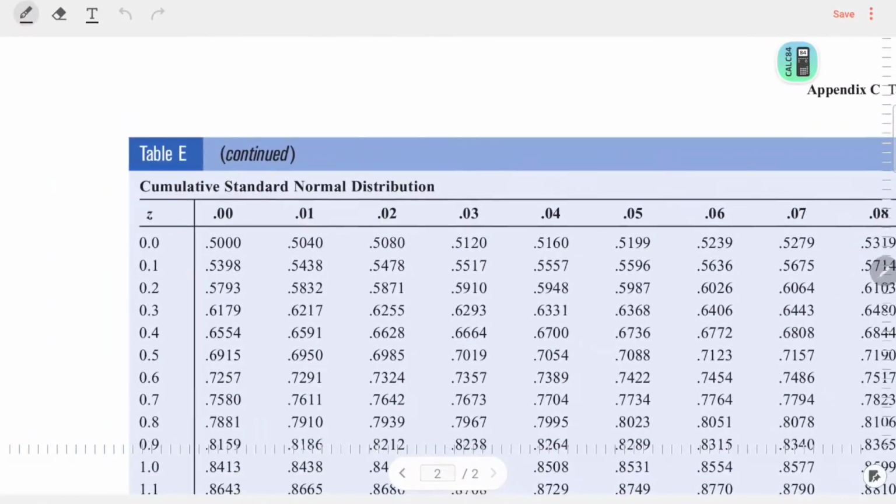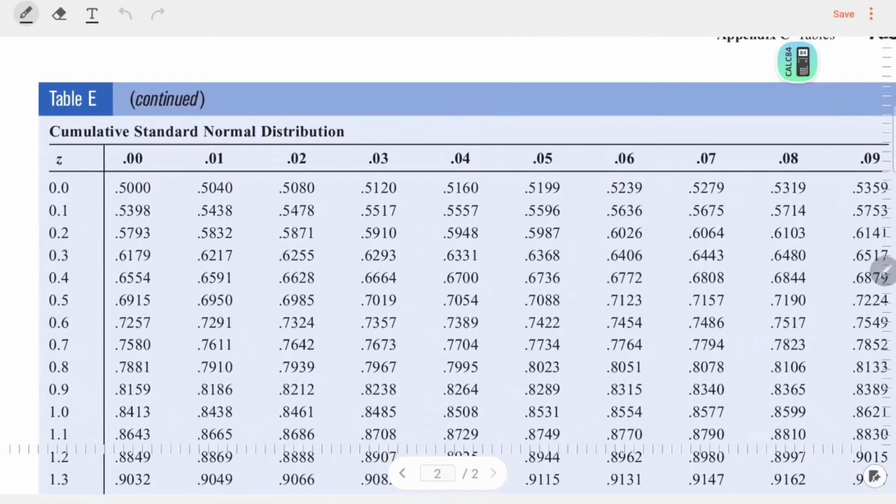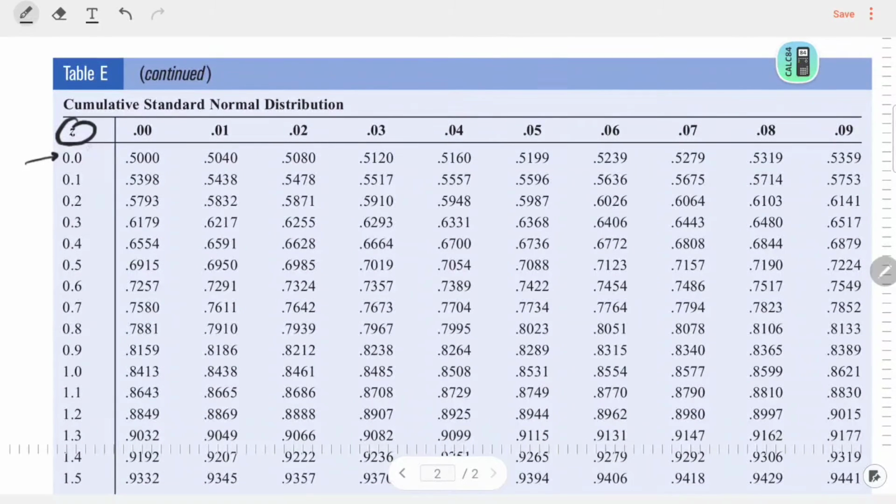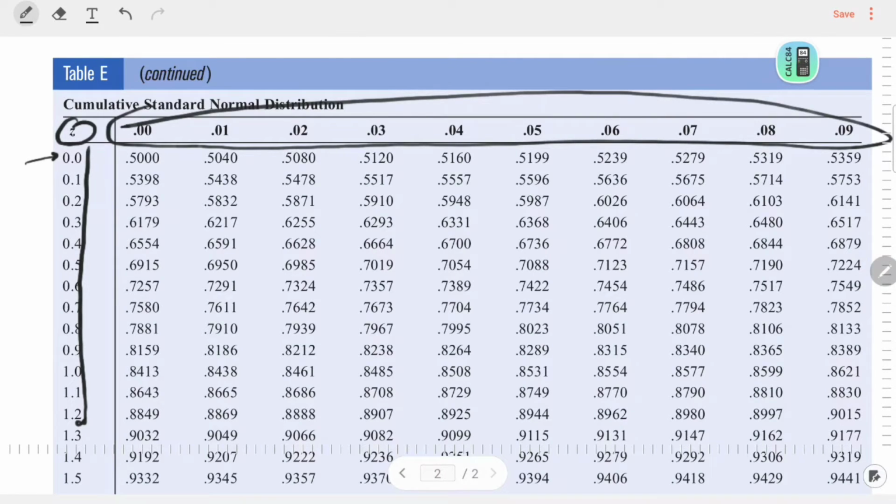If we look here, same chart. Start here at z, we're at 0.0. We want to scroll down to 1.3. We want to find the z-score for 1.39, which means using the top set of numbers, we're going to scroll over to the 0.09.